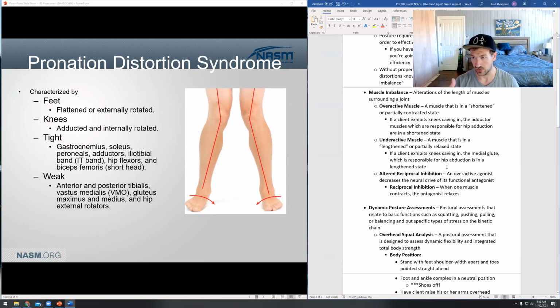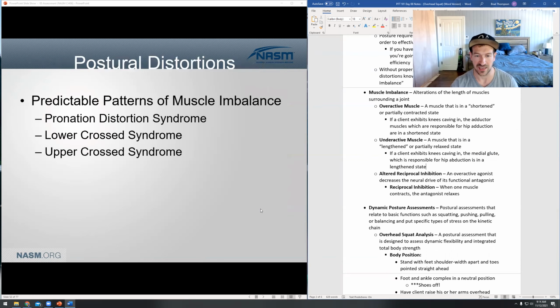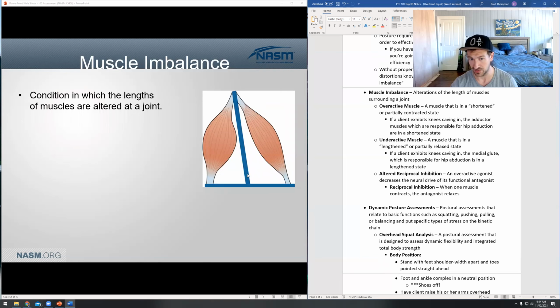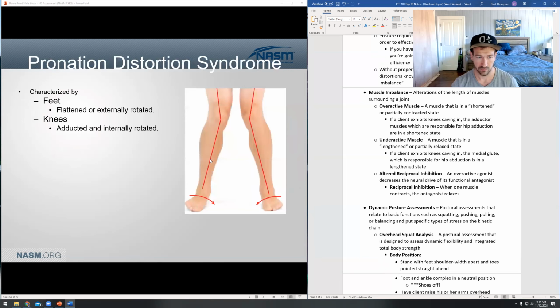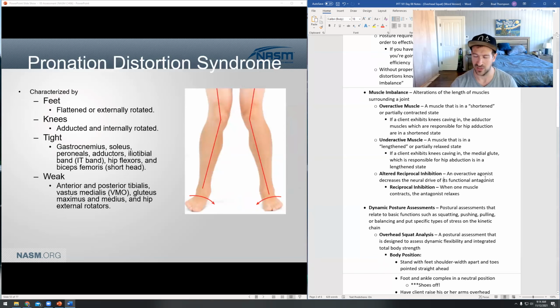So now the adductors are shortened and the abductors are lengthened, and boom, there's our muscle imbalance, right? And then what's happening here is where we're seeing two principles play out. One of them is what's called altered reciprocal inhibition.